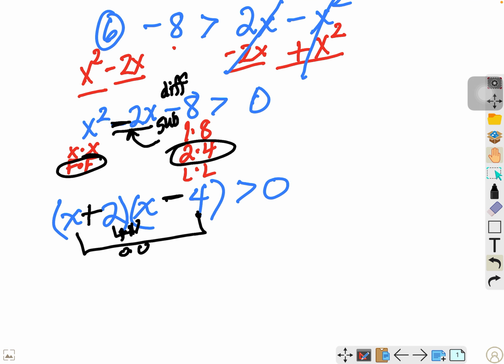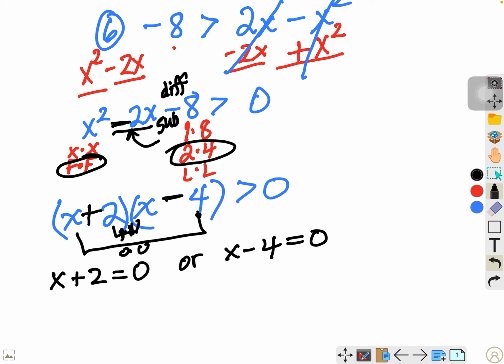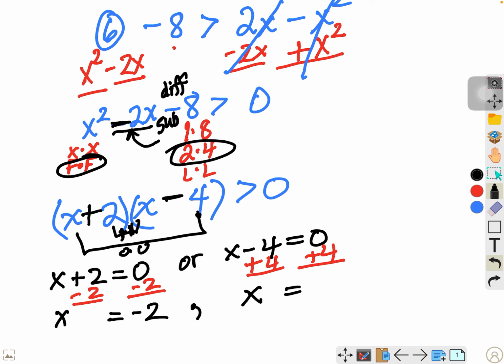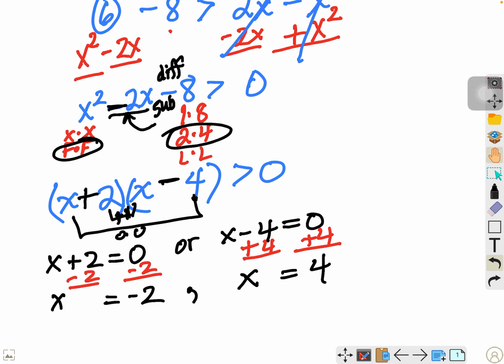At this point, we know either x plus 2 equals 0 or x minus 4 equals 0. Isolate x, subtract 2 from both sides, add 4 to both sides, and we get x equals negative 2 or x equals positive 4. Those are my critical values.